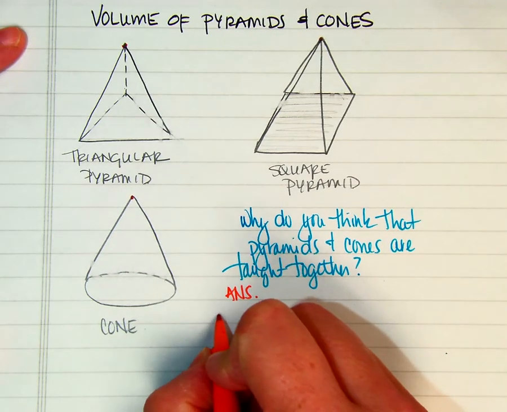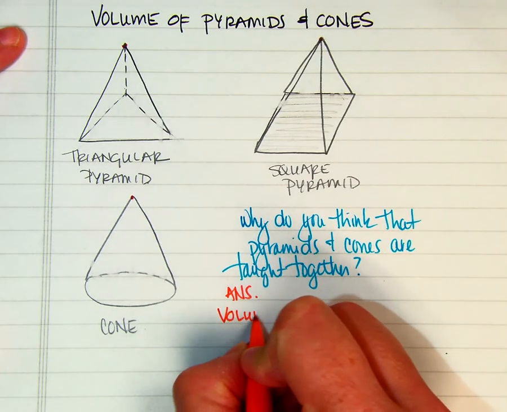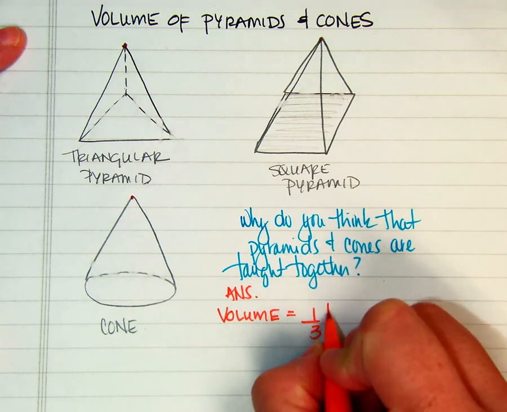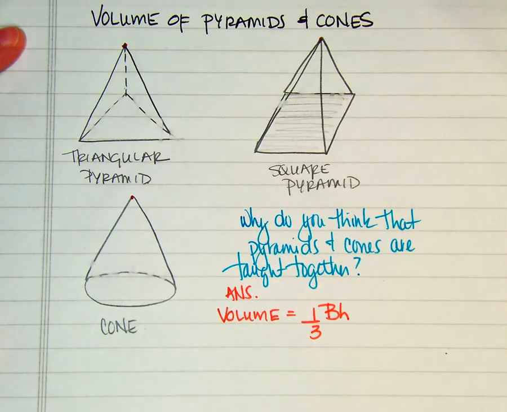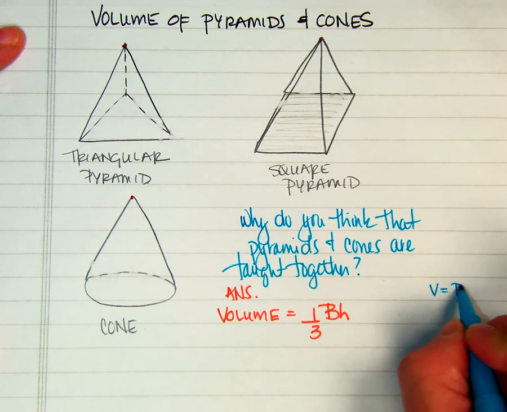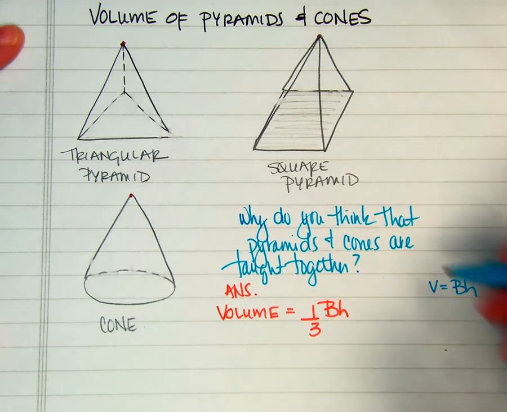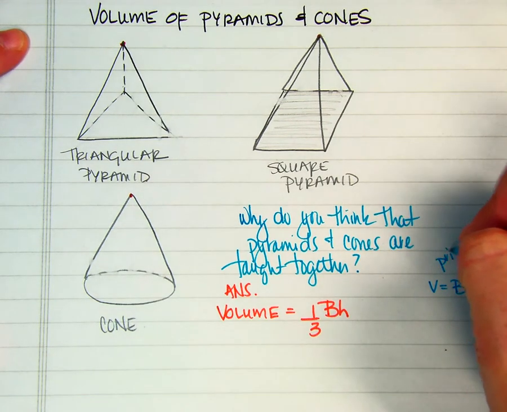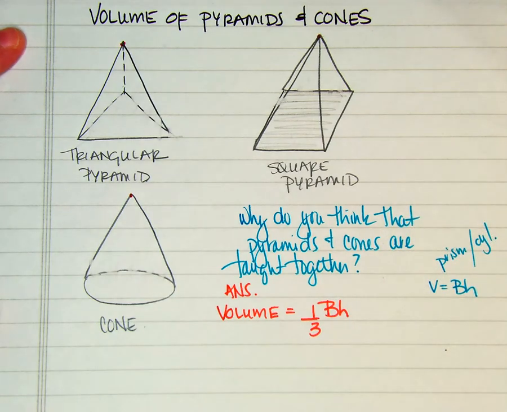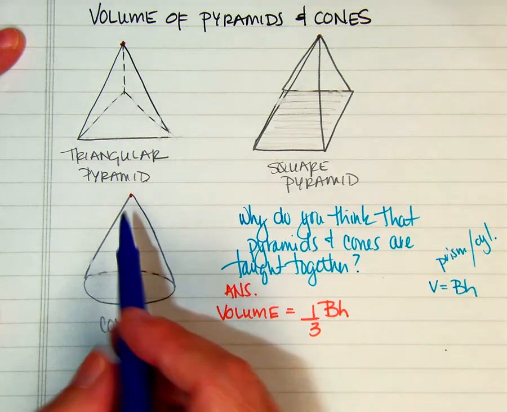So the volume of these items is 1/3 the area of the base times the height. This should look very familiar. We have already done this formula with prisms and cylinders, but now we're just doing 1/3 of that, and that is because you are going to a point.